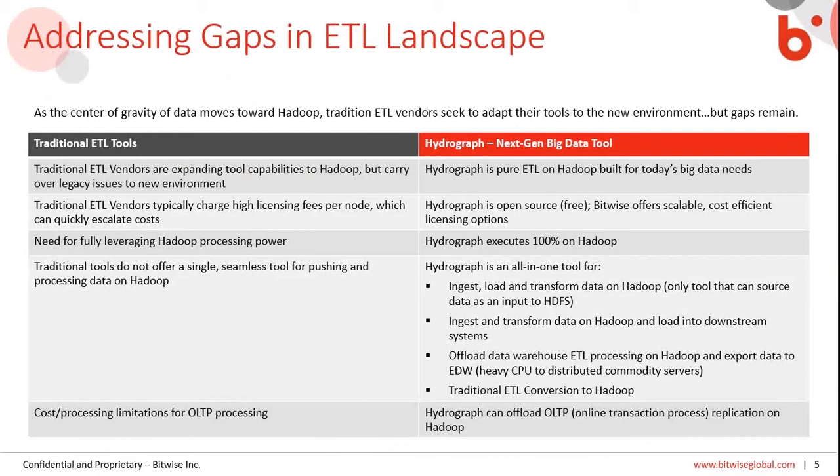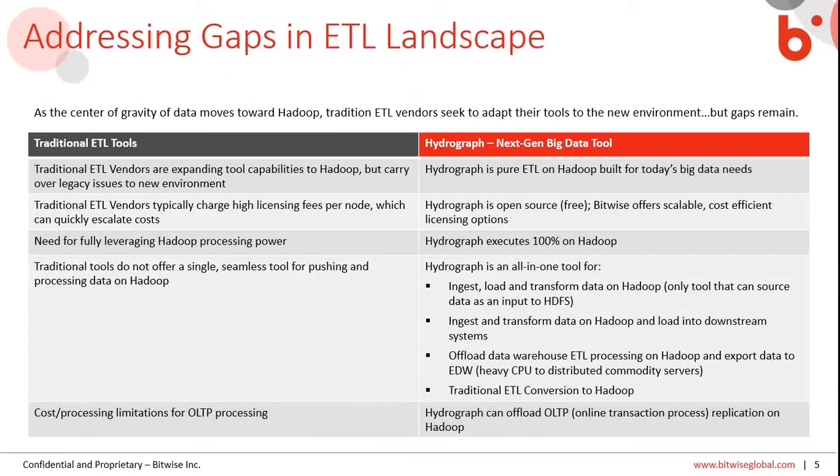And that's what Hydrograph accomplishes by pushing down the workloads onto the Hadoop cluster, not doing it on an outside ETL server, which could be 4 cores, 8 cores, 12 cores, 16 cores, whereas you have a cluster with 1,000 nodes, which can be massively more powerful than what a single ETL server can be.